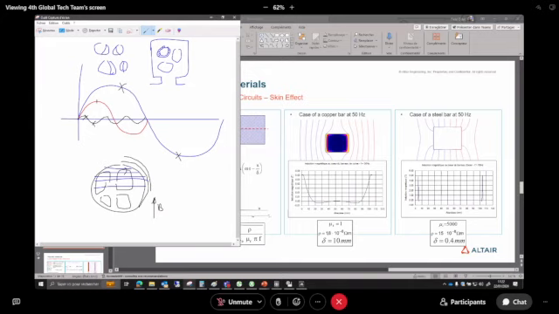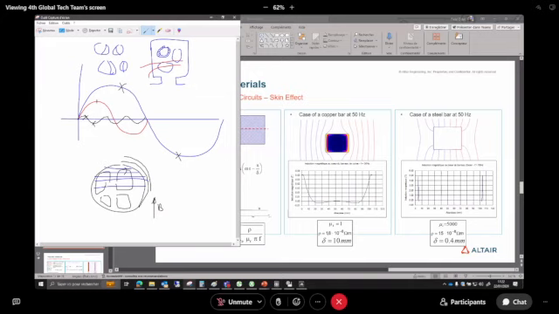And this proximity effect is due mainly as well to the eddy currents due to the proximity of the other wires and the frequency. But you can have as well eddy current due to the leakage magnetic field, right? So even this leakage magnetic field will be a source of eddy current inside the wires.